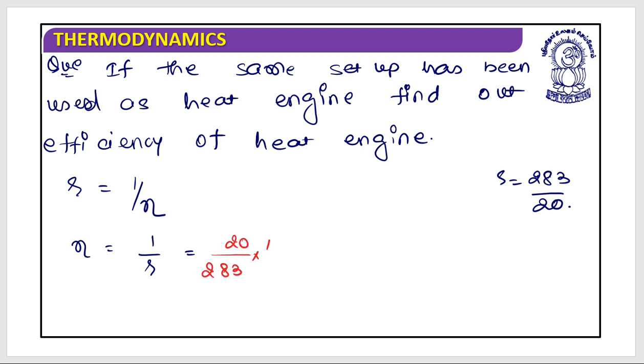Let's calculate this in percentage. So this is equal to 20 into 100, which is 2000, divided by 283. It's approximately 7%. This is the efficiency if our heat engine is going to work between these two temperatures.